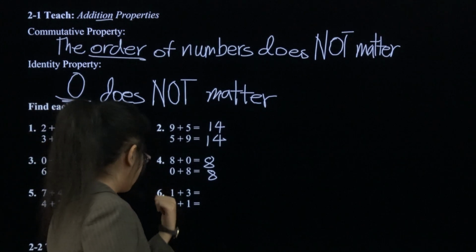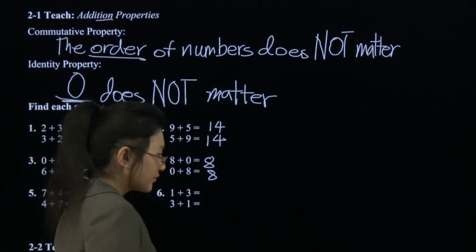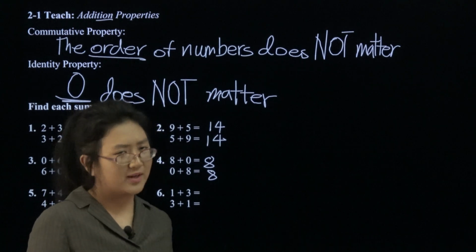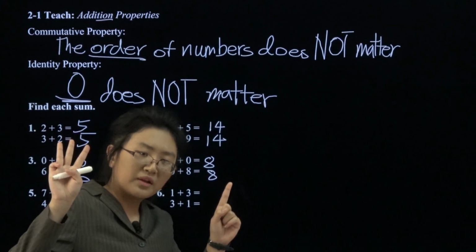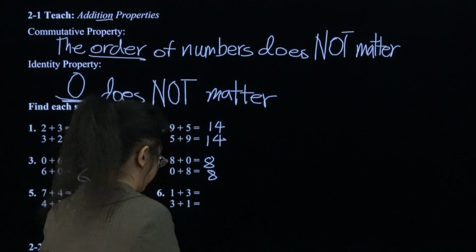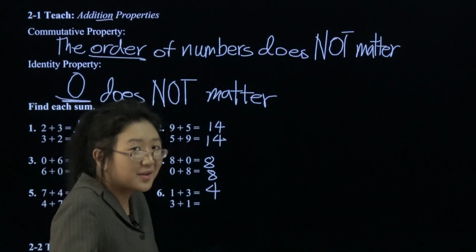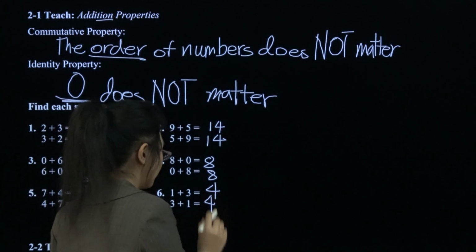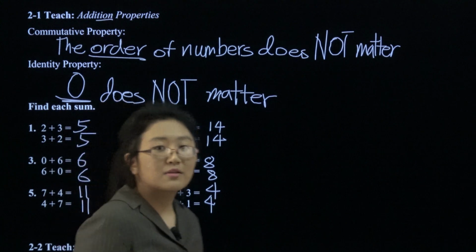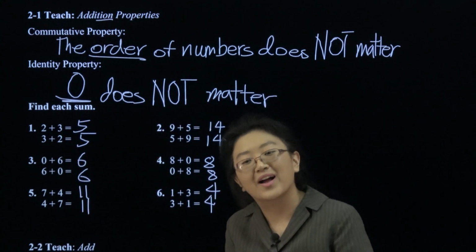All right. 1 plus 3. Okay, 1 plus 3. What's 1 plus 3, guys? You have 1 and you have 3. So 3 and then 4. So 1 plus 3 is 4. And 3 plus 1 is the same thing. It's still 4.